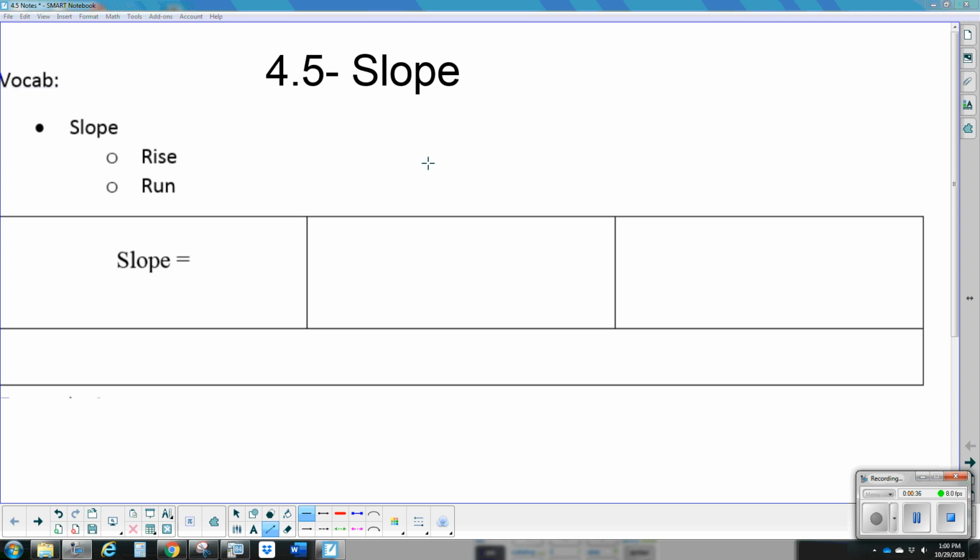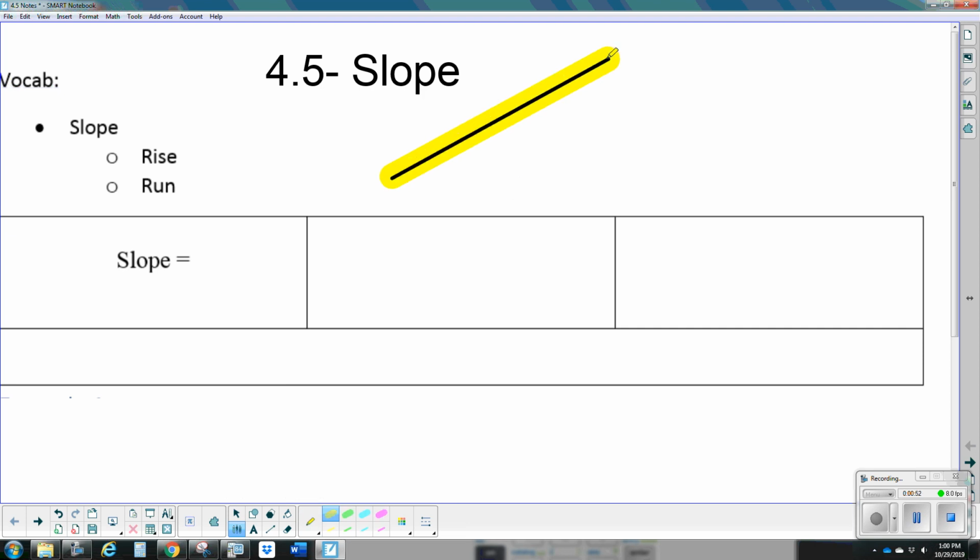When we look at the slope, we're looking at the slope of a line, so we're using linear equations. And remember, we read slope from left to right. Anytime we're reading slope, we start at the left of the line and go to the right. Whether the slope goes up or down from left to right tells us whether it's positive or negative.